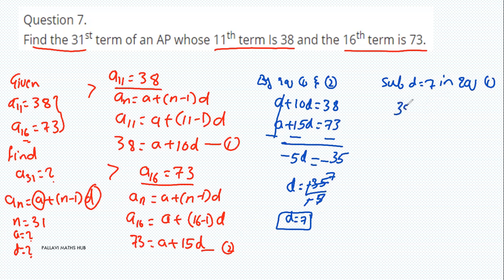Equation 1 is 38 is equal to A plus 10D. You know the value of D. D is 7.